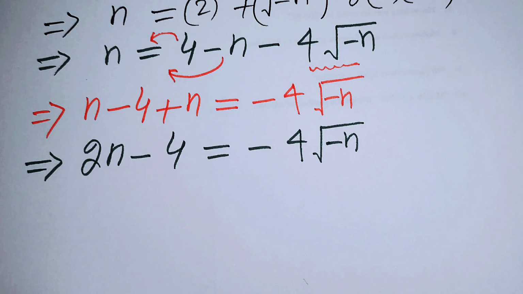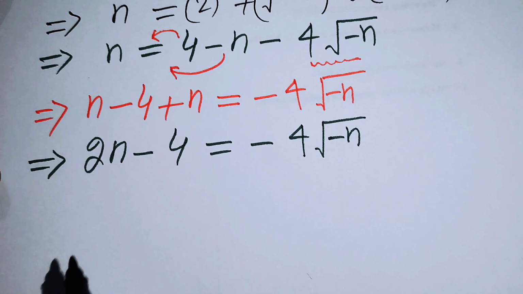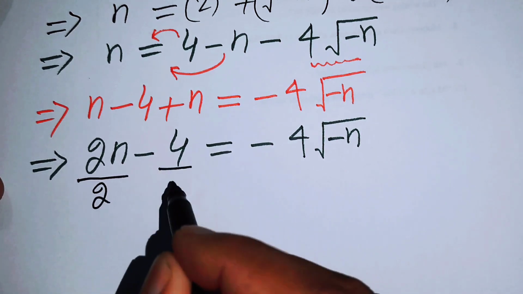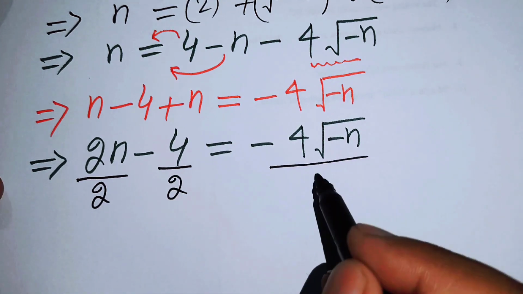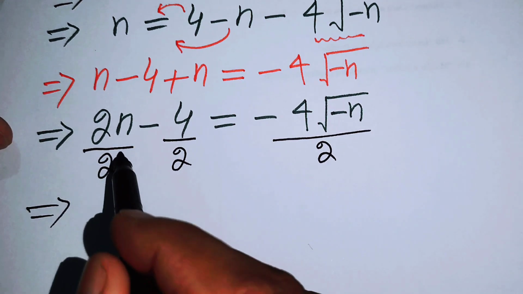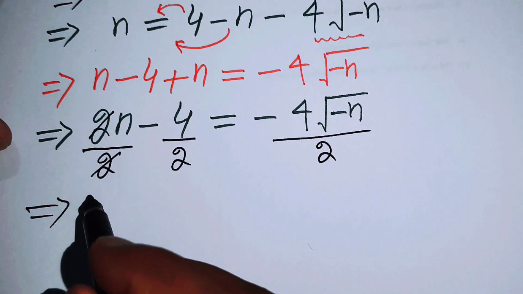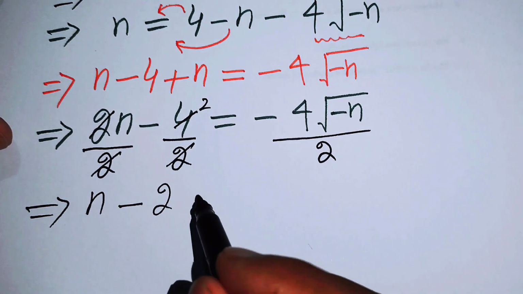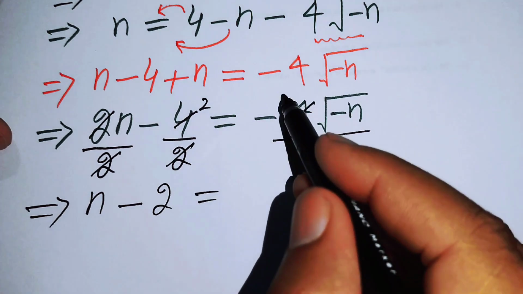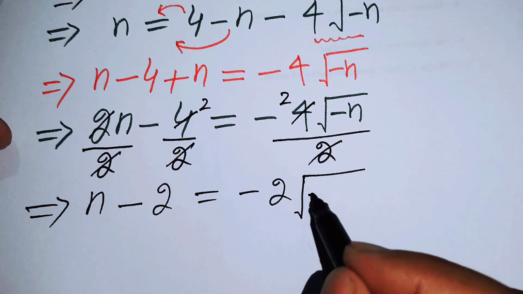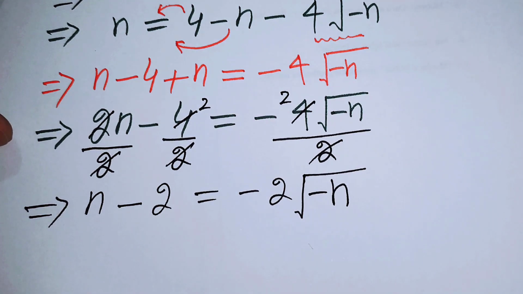Now you see that we have 2 as a common term on both of the sides, so I can divide both of the sides by 2. When you divide both sides by 2, you get n − 2 = −2√(−n).